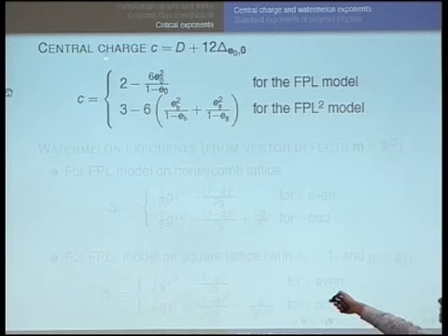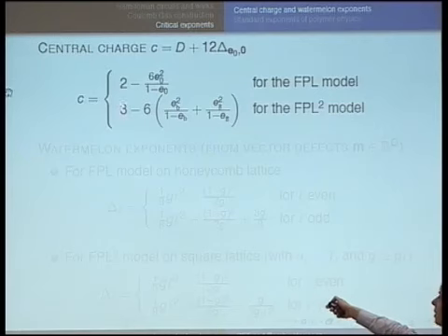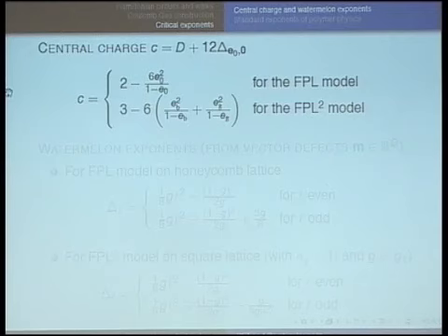You just see that instead of having 1 here, there is either a 2 or a 3 coming in. That is because I now have either 2 or 3 bosons. And there's a small correction coming here, and that correction comes directly from this boundary term, SB. So the central charge is given by this.